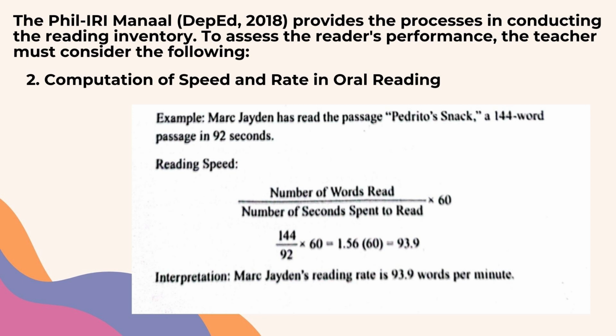So, we have here 144 over 92 multiplied by 60 equals 1.56. Multiplied by 60 seconds, we have here 93.9. So the interpretation of this is that Mark Jaden's reading rate is 93.9 words per minute.